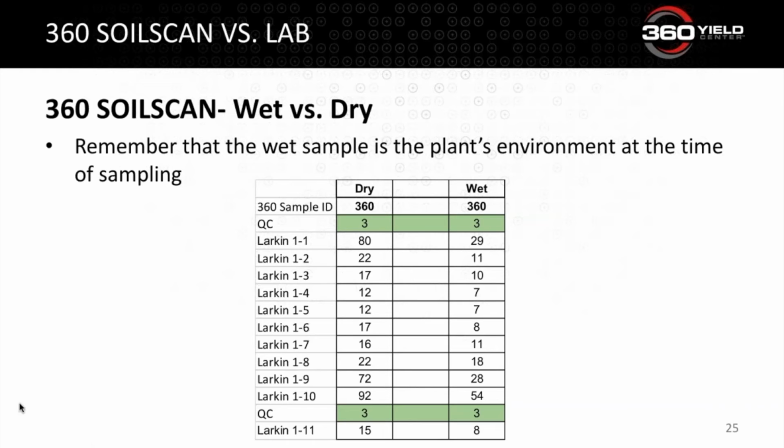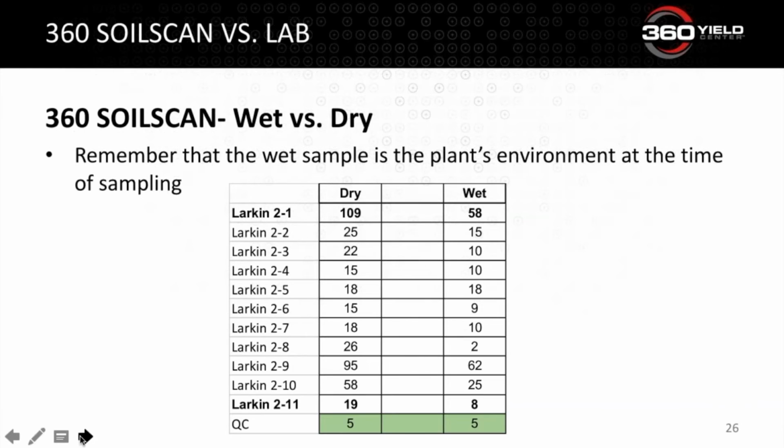Then, and I'll show you another set of data, we took that same sample and basically handled it as you would handle it in a lab environment. And by that I mean, we ground the sample up, we slowly warmed it to 104 degrees, and we started testing the results that we got.